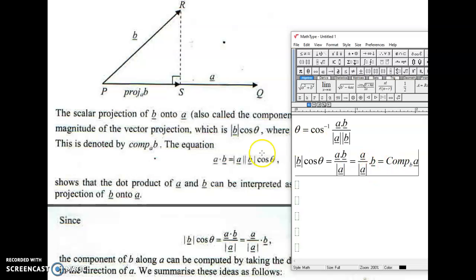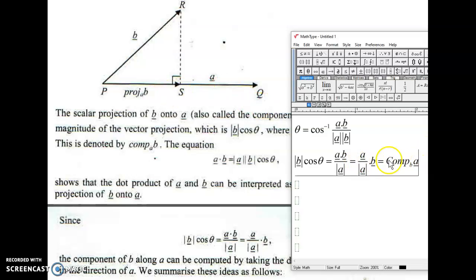Okay, and next, basically when you are looking for the length or the magnitude, it is known as the component of B onto A. And of course, after you find the component of B onto A or the length of B onto A, we might as well look for its vector.